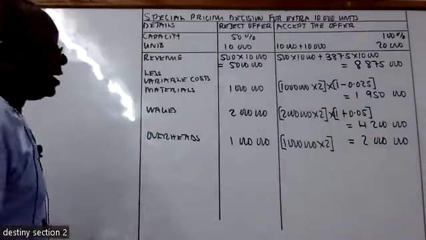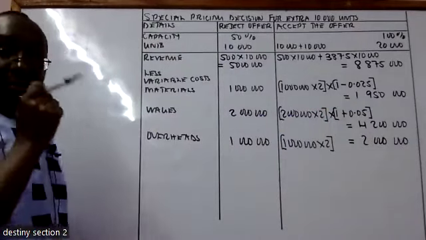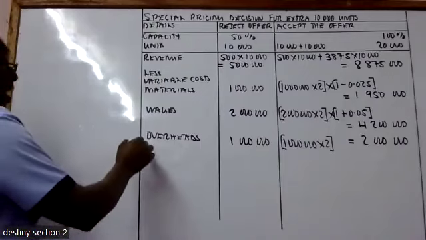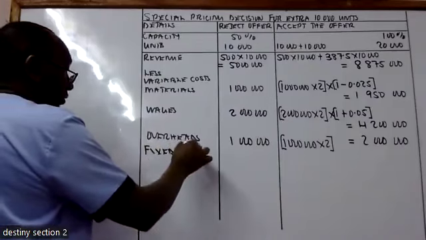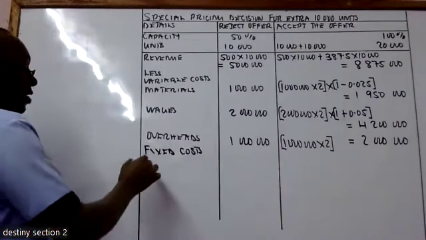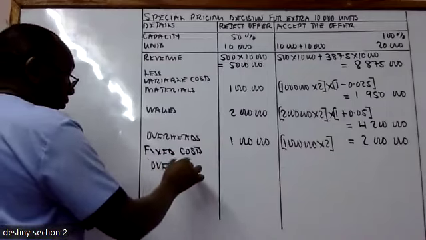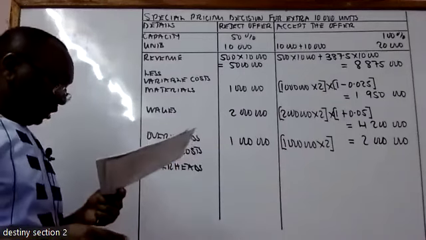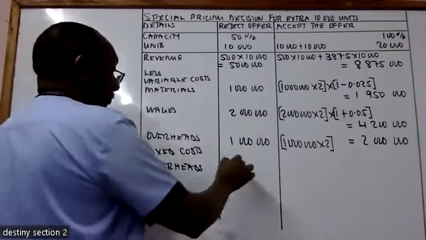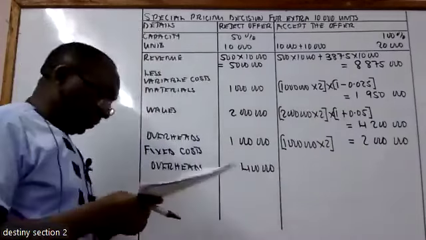All right. Let's now get, you can choose to get the contribution there, or you just go on and tell us these are the fixed costs. So the fixed costs, we have overheads, which we are told is 400,000.